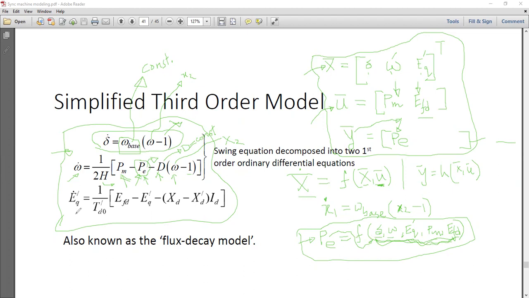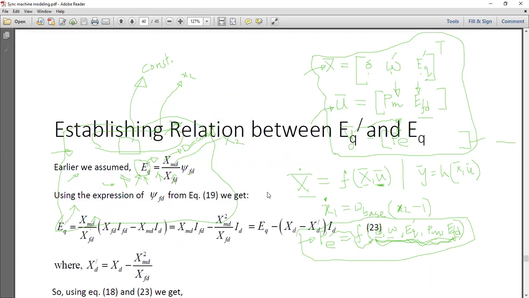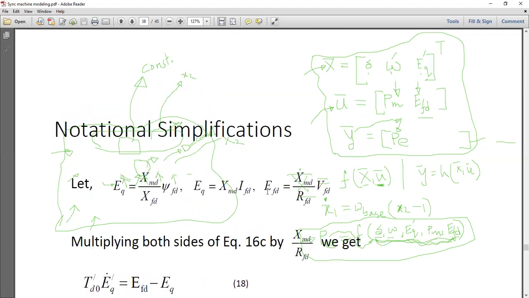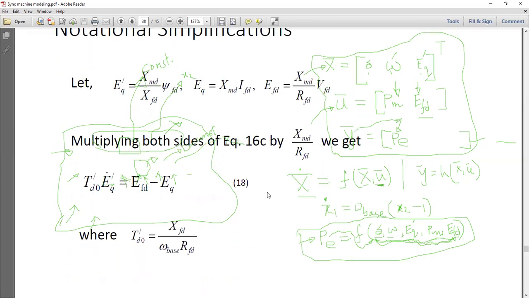So well, now let's take the last one, EQ dash dot. What is TDO dash? TDO dash is named as the open circuit time constant, and it looks like, let me go back to that slide. It looks like something like this.